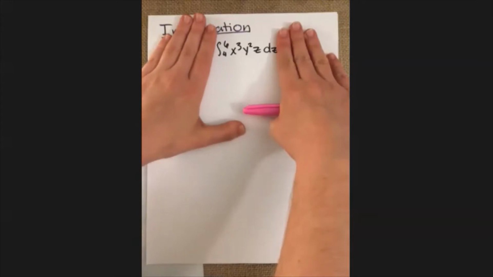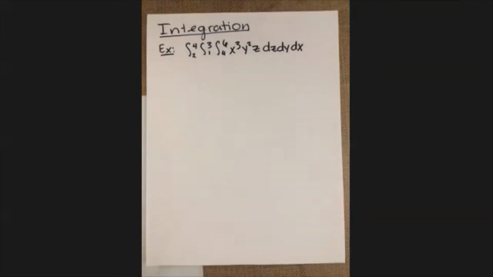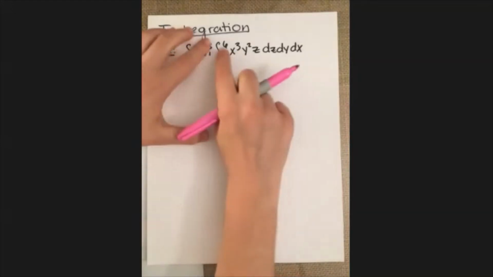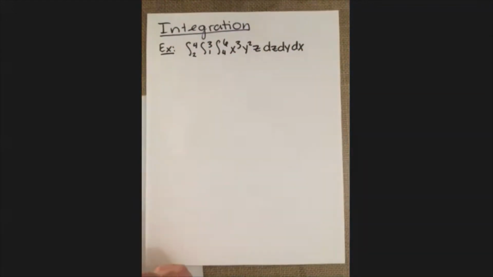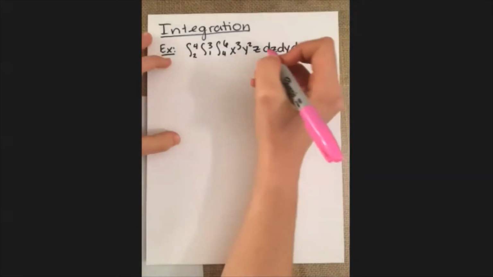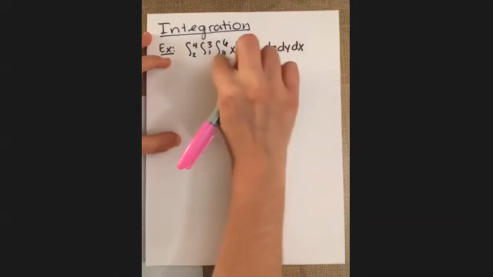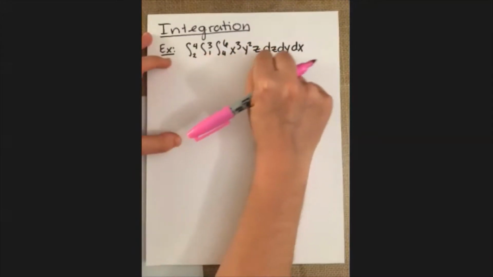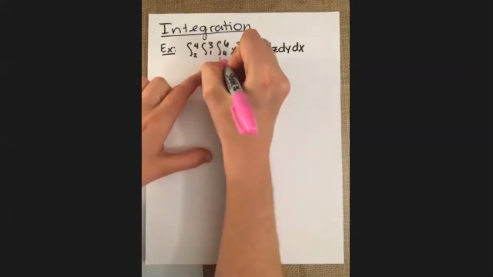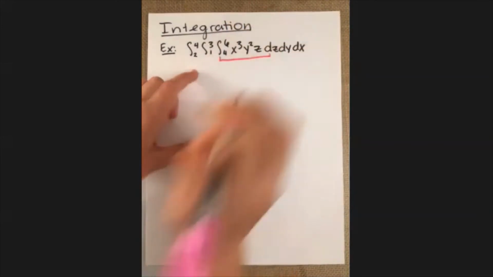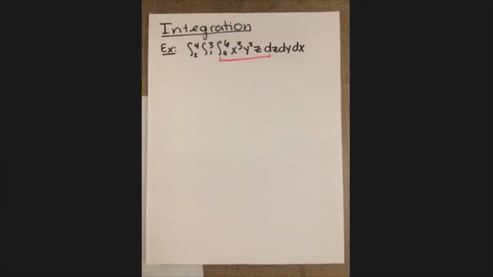It's really important that when you have your integral sign, you have the corresponding dz, dy, dx with it, because it's easy to get these mixed up. You need to keep them paired with their respective bounds. For example, dz always will be paired with the 4 to 6 in this problem.